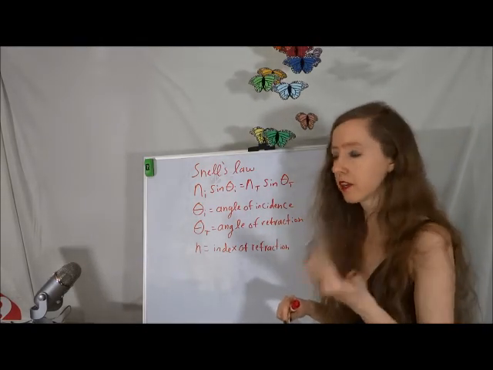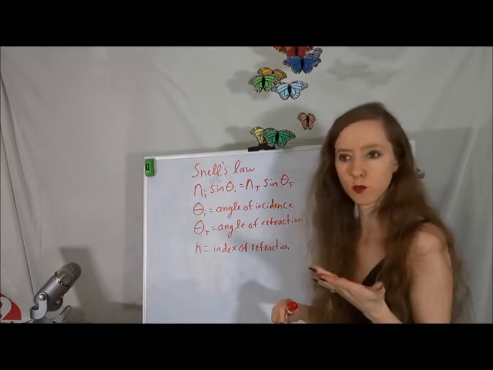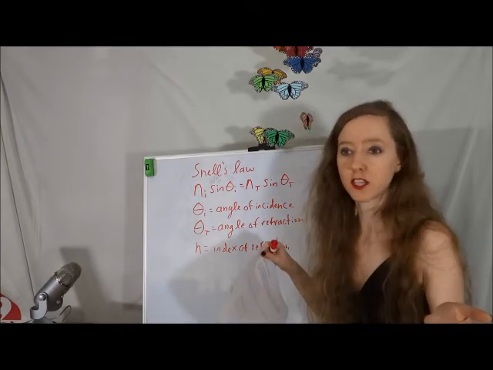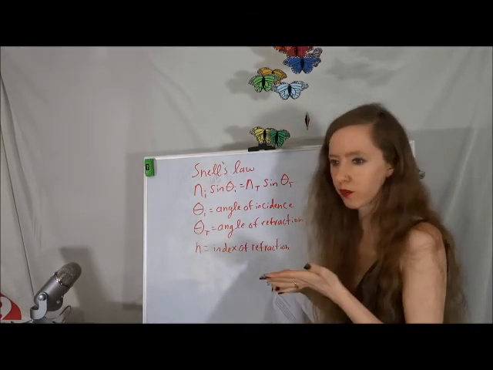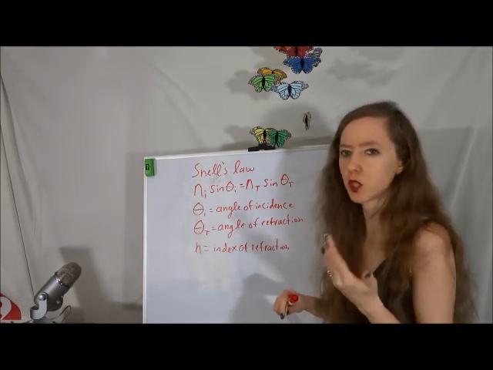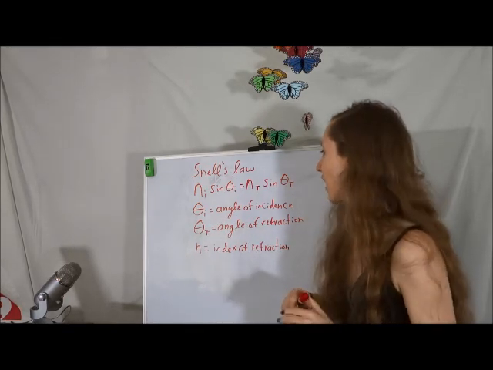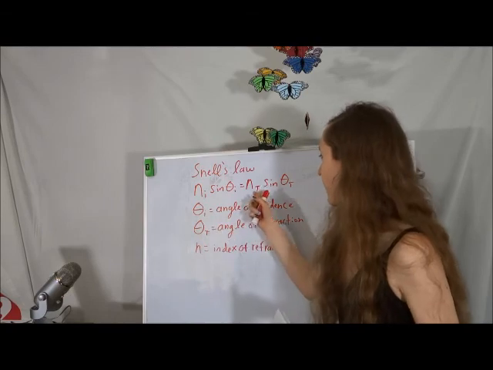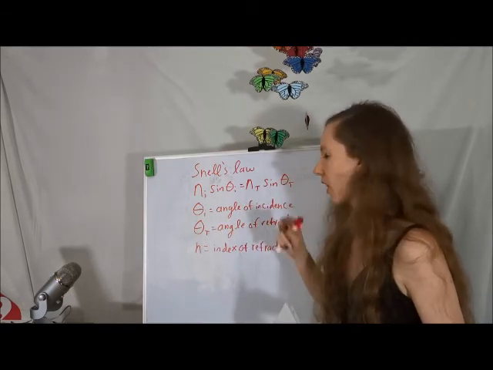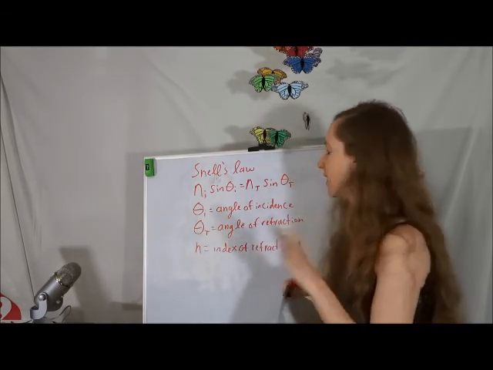If we're in air, the index of refraction is very close to 1. For all our calculations in this class, we can use 1. I think it's like 1.0003. Since you only need 2 or 3 sig figs, you're going to be fine using 1.0 or 1.00. And if we have water or glass, it would be 1.3 something for our transmitted one.